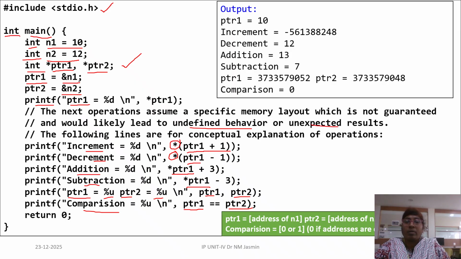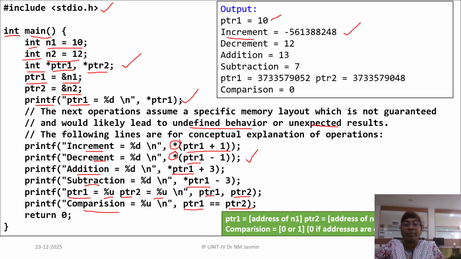Now the output will automatically come. First, pointer 1 is nothing but 10, as n is allotted 10. The second one is the decrement, which is pointer 1 minus 1, as allotted by the compiler.